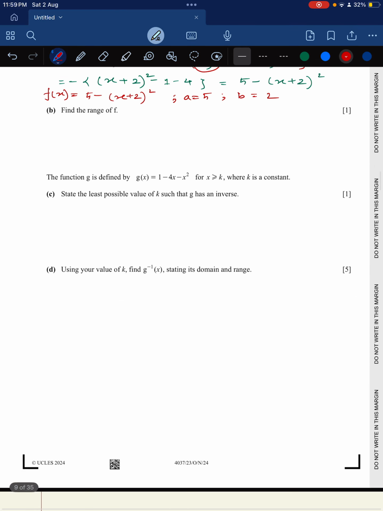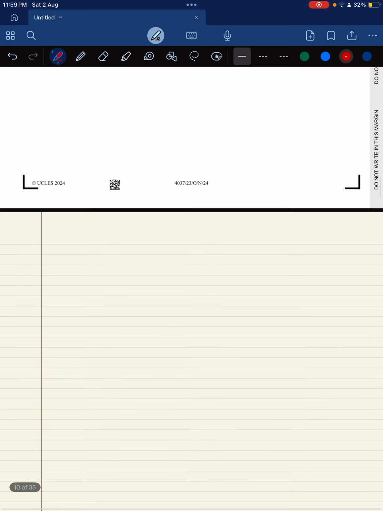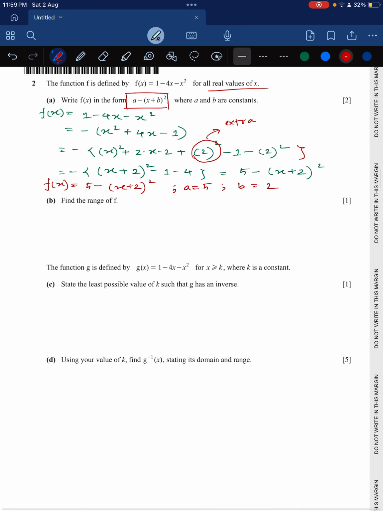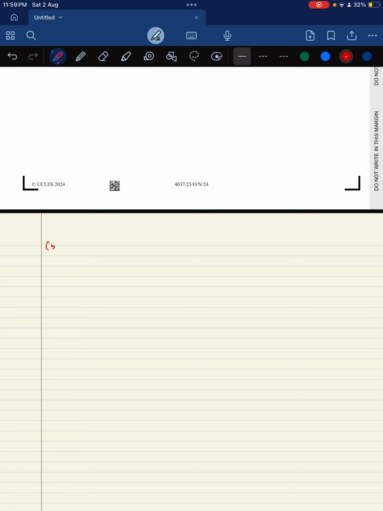Okay, given that this is question number B, find the range of f. So given that f of x is equal to 5 minus x plus 2 whole squared, and we can say that this is the value of y.